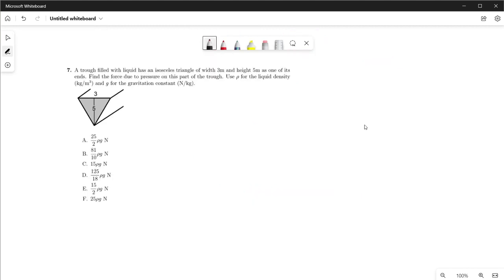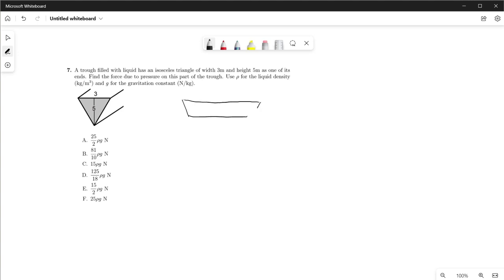For number 7, we have a trough that's filled with a certain liquid, and we don't need to know what the liquid is since it's just giving us a rho for the liquid density and g that we can just use in the answer. It is in the shape given, and we're to find the force due to pressure, right? A way you can think about this is that you have a trough something like this.